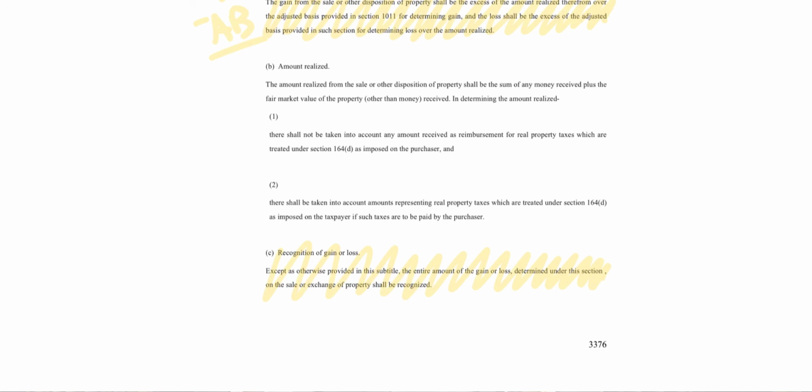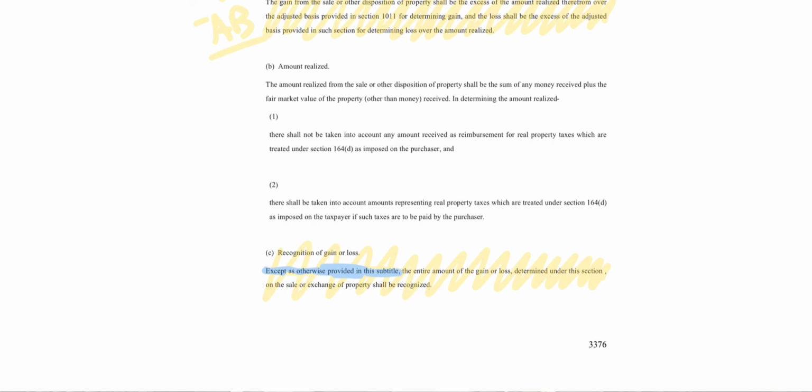The general rule that realized gains and losses will be recognized unless you find a special rule. Okay, it says except as otherwise provided in this subtitle. Let me use a different color to show you that. Except as otherwise provided in this subtitle. So subtitle, of course, being big. So you have to find a special non-recognition rule.